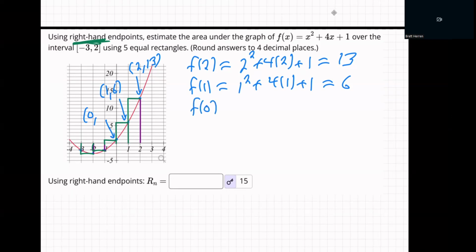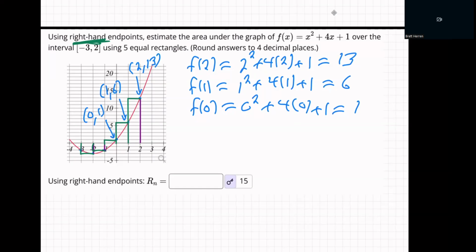So let's plug in f of 0. 0 squared plus 4 times 0 plus 1. That's just going to be 1. So that is 0, 1.